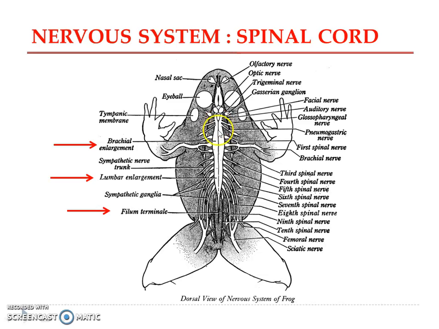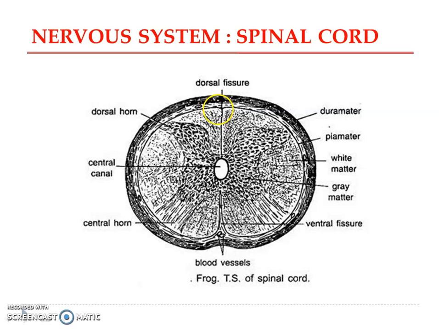One is on the dorsal side and the other on the ventral side, referred to as the dorsal fissure and the ventral fissure. They pass mid-dorsally and mid-ventrally respectively, almost medially placed on the dorsal side and on the ventral side.